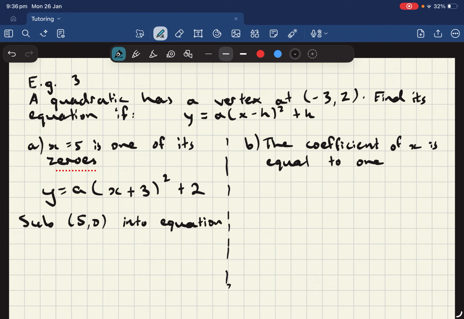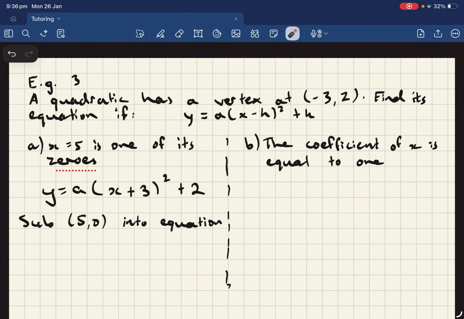That will be the coordinate of 5, and then obviously the y value is 0 for an x-intercept. We know that the graph passes through this, so we can substitute this in for the x, this in for the y, and it becomes an equation that we can solve.